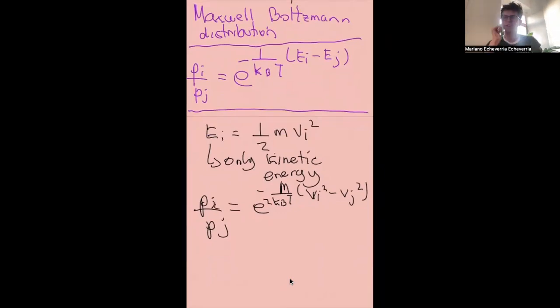With that, you can start deriving a bunch of properties of the equations of thermodynamics. This is one of the most important probability distributions in all of physics, all of nature, and the fact that it is quadratic in the velocity gives you a Gaussian. We'll talk about the Gaussian distribution once we get to the continuous case, and that's how you get bell curves to appear.